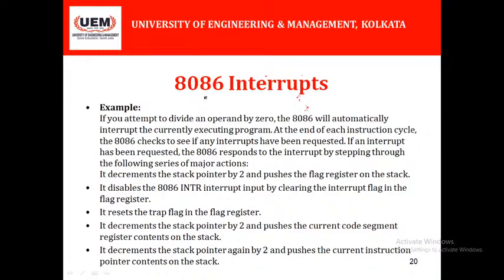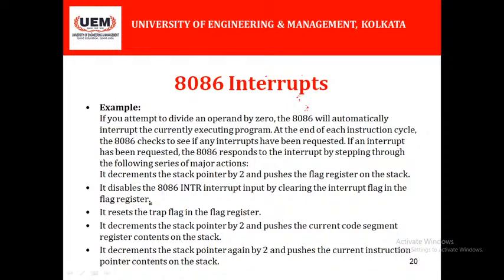At the end of each instruction cycle, the 8086 checks to see if any interrupt has been requested or not. If an interrupt has been requested, then the 8086 responds to the interrupt by stepping through the following series of major actions.